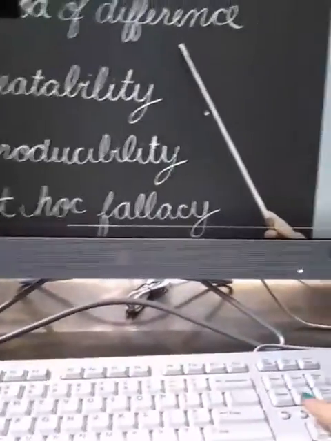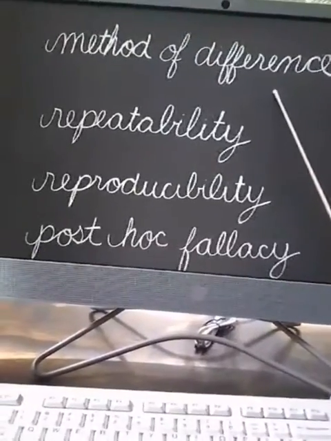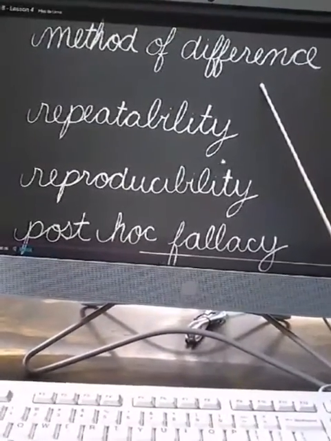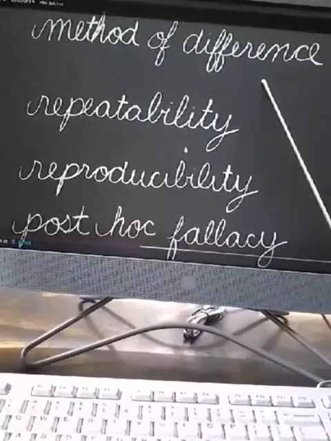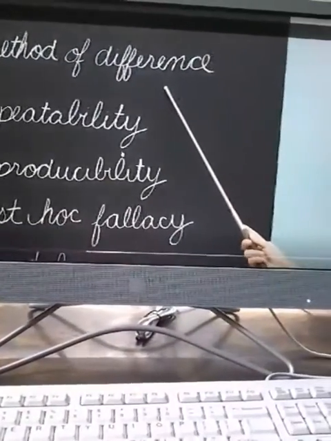The next, the method of difference. And you'll notice that in italics on page 8. It's a form of inductive reasoning that involves comparing two situations that are the same except for one factor that changes.